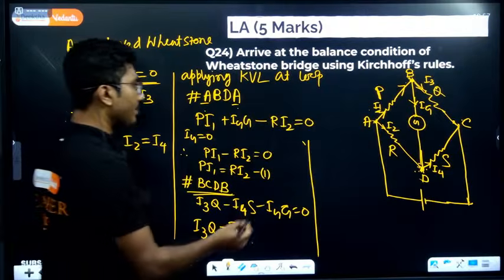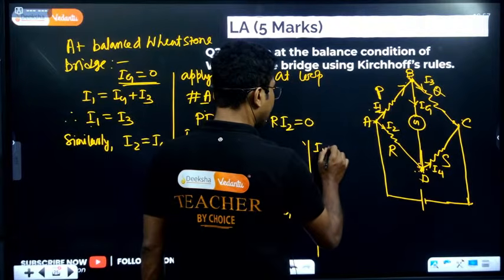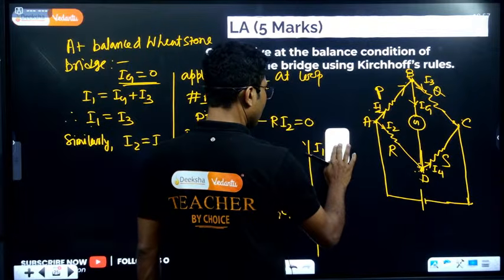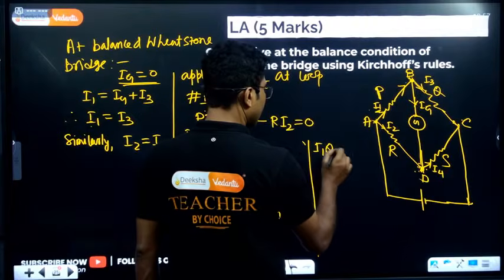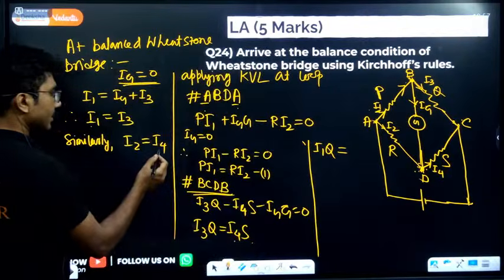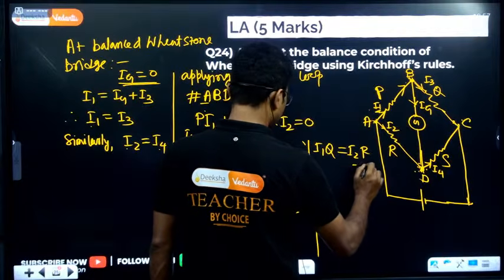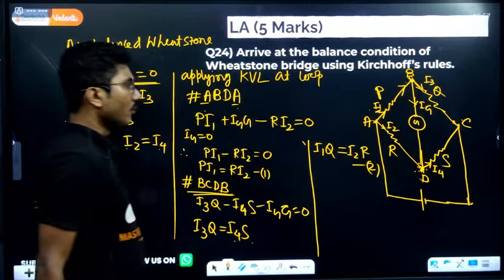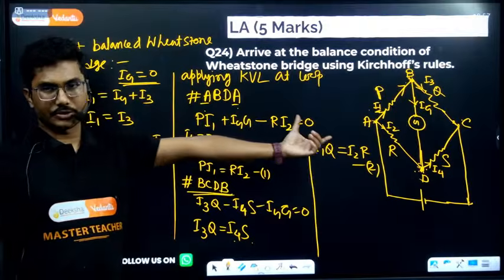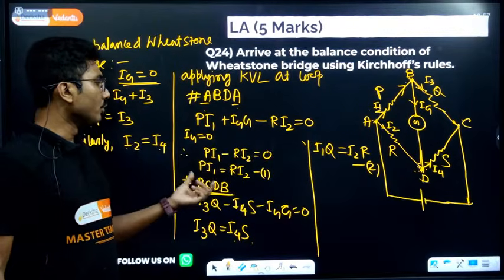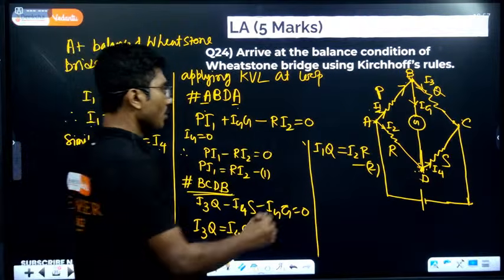So I3 can be replaced by I1. So we can write I1 Q equals, and I4 is equal to I2, so I2 S. This is my equation number 2. Okay, in brackets you have to write these relations. Now we will divide 1 by 2.